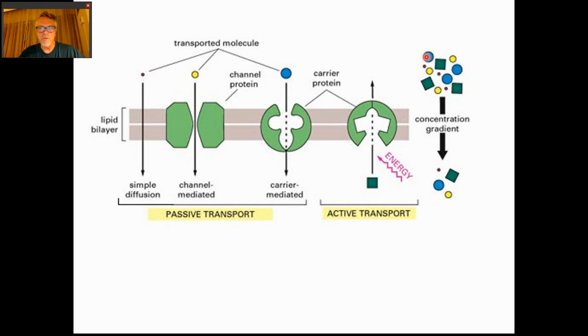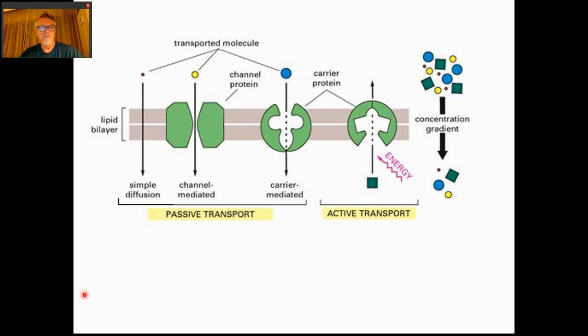We have big blue circles and yellow circles and small little purple circles and green squares. All right. And if you look at this part of the diagram first, you can see that there are more of all of these molecules outside than inside the cell, this hypothetical, schematic of a cell. So very few yellow dots, for example, inside, but lots of them outside. So that's a concentration gradient.